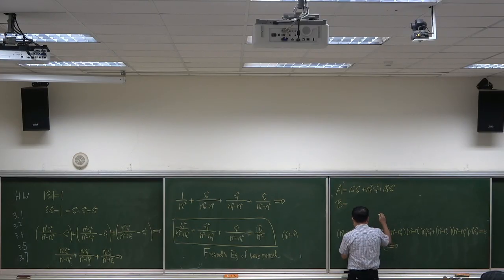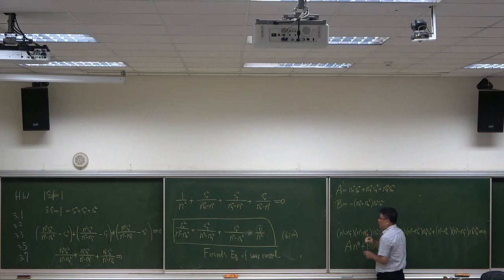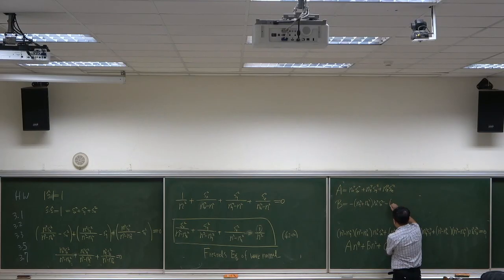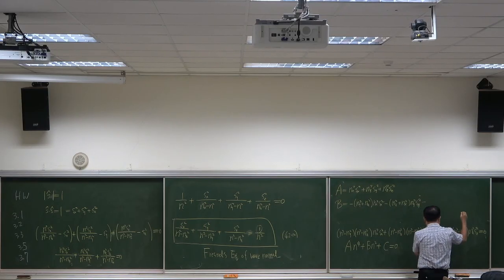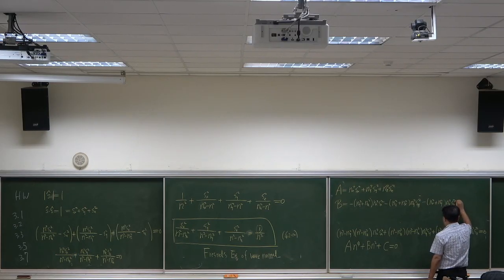So we have minus ny squared plus nz squared times nx squared sx squared, and minus nz squared plus nx squared times ny squared sy squared, minus nx squared plus ny squared times nz squared sz squared.